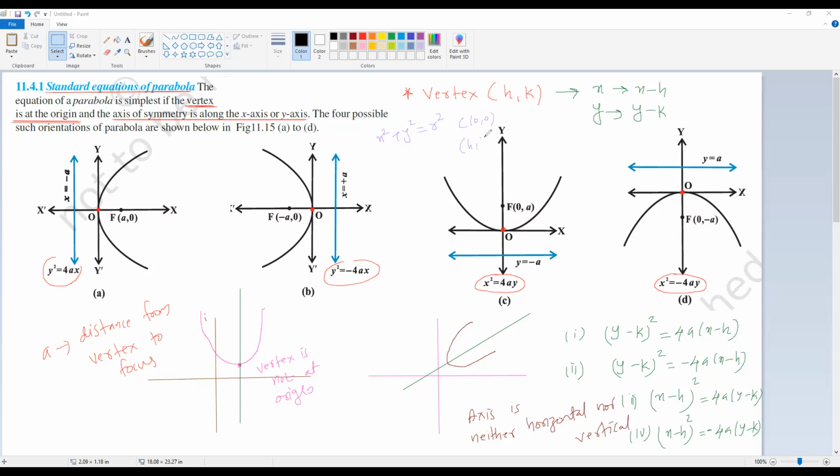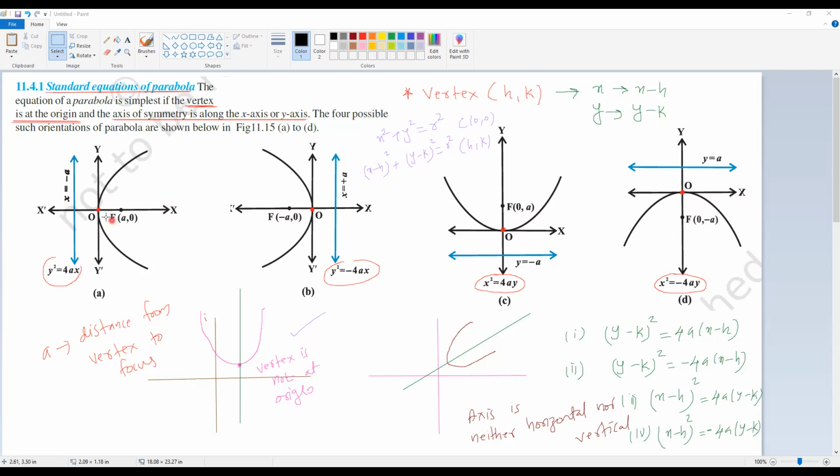When center becomes h comma k, क्या हो गया, x के जगह x minus h आ गया: x minus h the whole square plus y minus k the whole square is equal to r square. So the same way, circle में center था, इधर parabola में vertex हो गया h comma k, so x के जगह x minus h लिख देना, y के जगह y minus k लिख देना, you will get the equation. So this case also covered. अभी इसके बारे में आप स्कूल syllabus में पढ़ाई नहीं करेंगे. ठीक है. So that's all about parabolas.